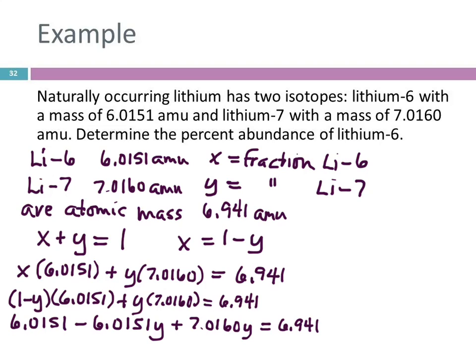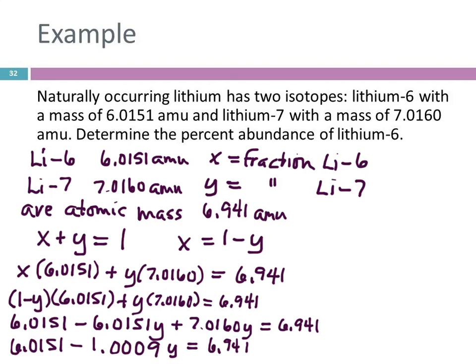I can combine these y terms. So 7.016 minus 6.0151, I get 1.0009 times y, and that's equal to 6.941.